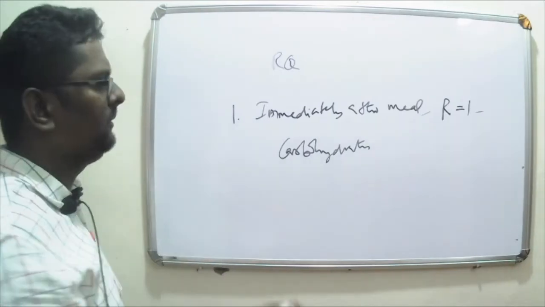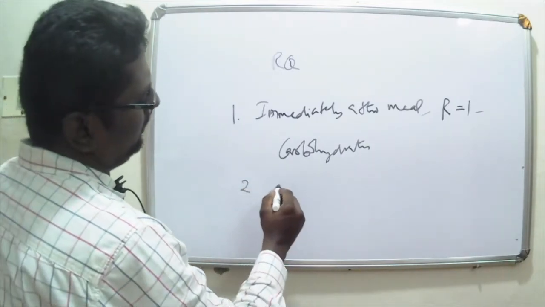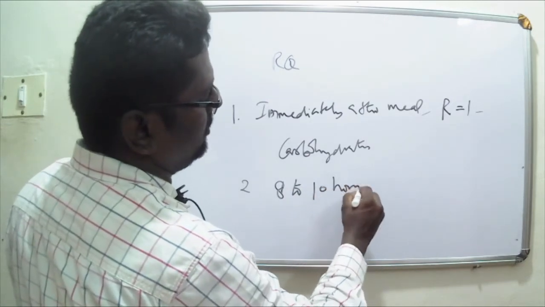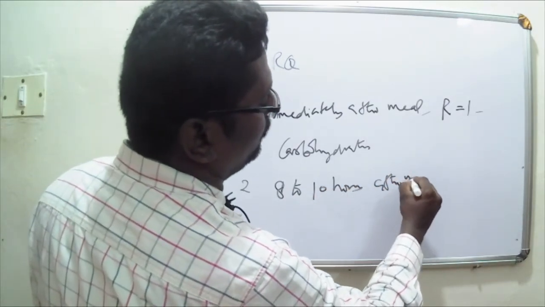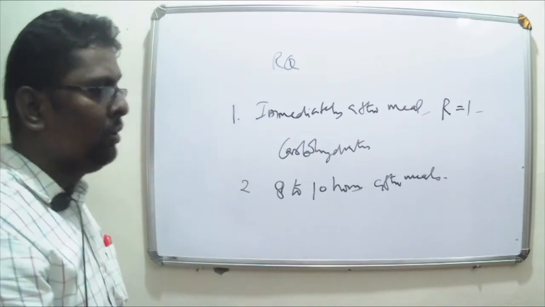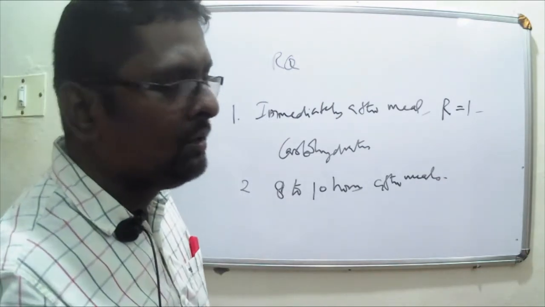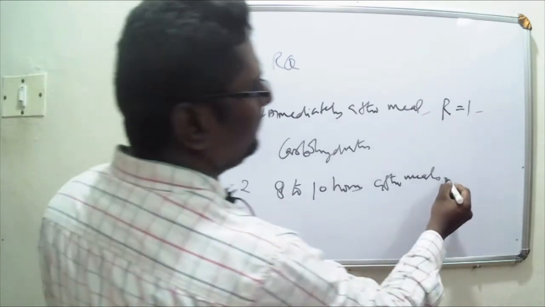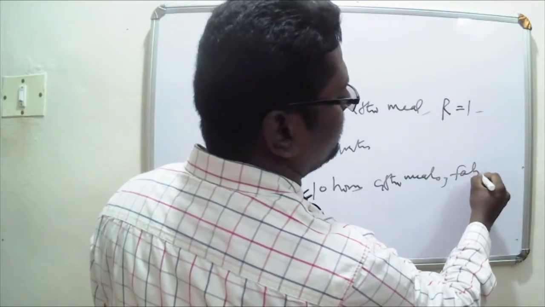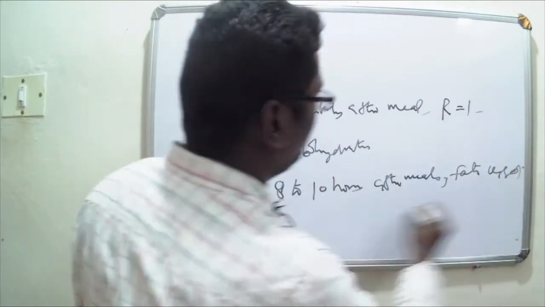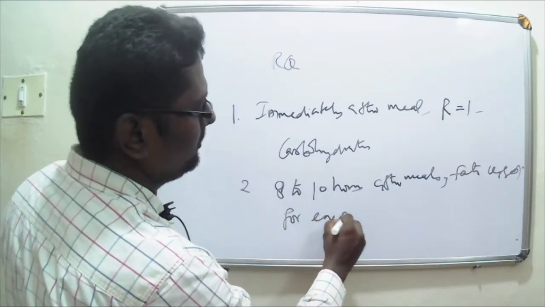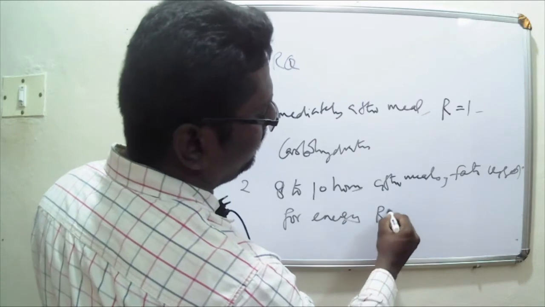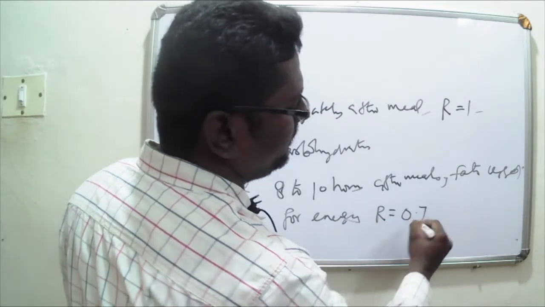About 8 to 10 hours after a meal, most of the carbohydrate is already used up for energy. At this time fats are oxidized for energy, so we get an R value of 0.7.